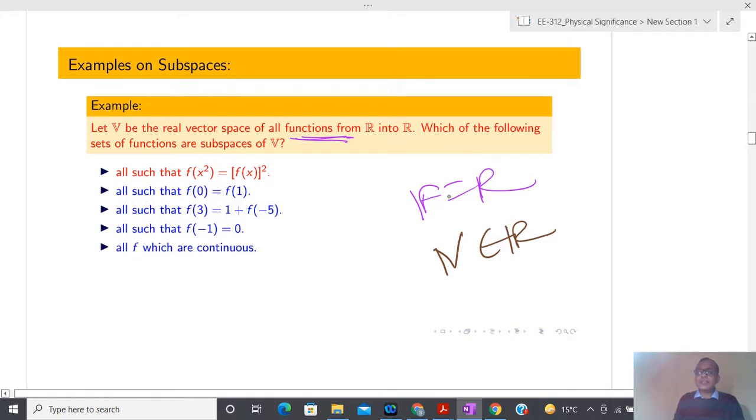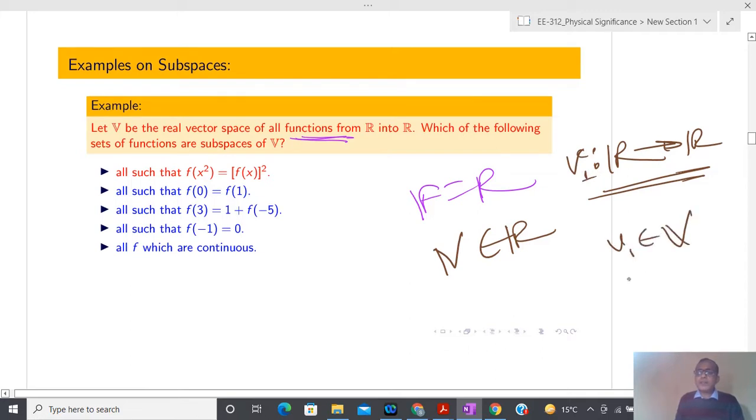This vector space is basically a mapping from real to real, so it is a real-valued function. Each entry v1 belonging to V is a mapping from real number to real number.